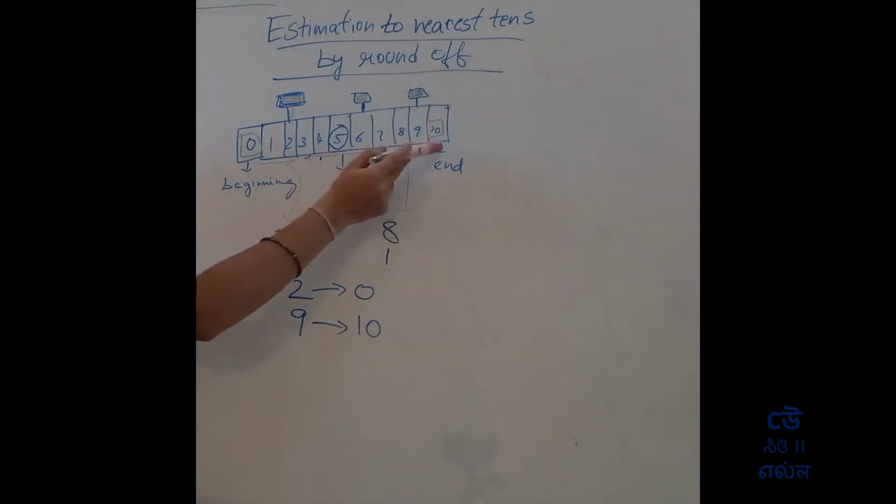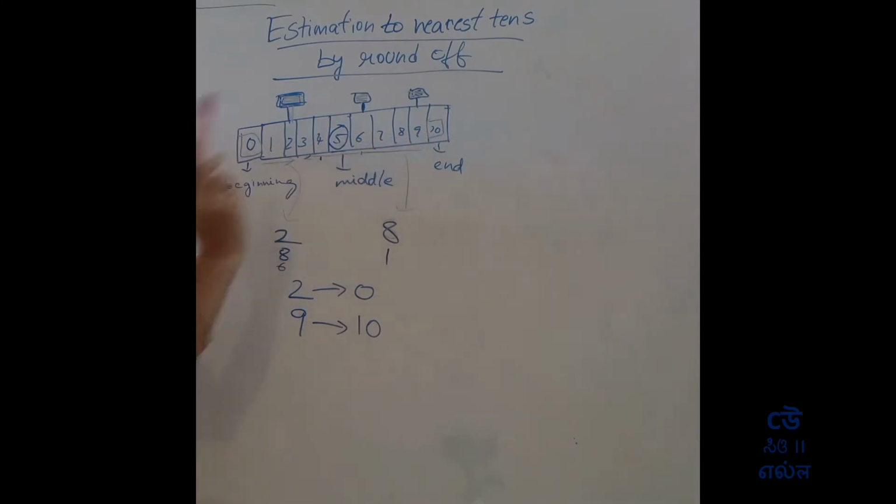Next, from the left hand side you count. 1, 2, 3, 4. 4 positions far. Right? So compared to 6 and 4, which number is smaller, children? 4 is smaller. So 6 will be rounded off to which number? 6 is rounded off to 10.